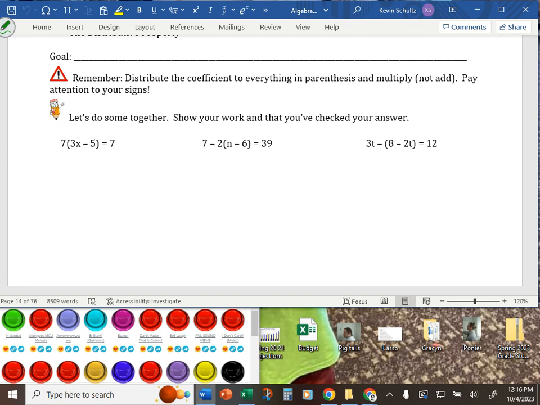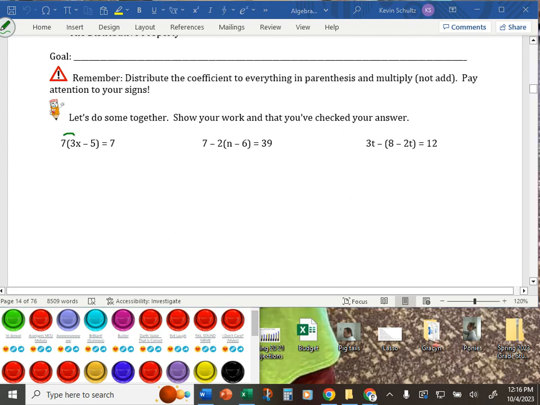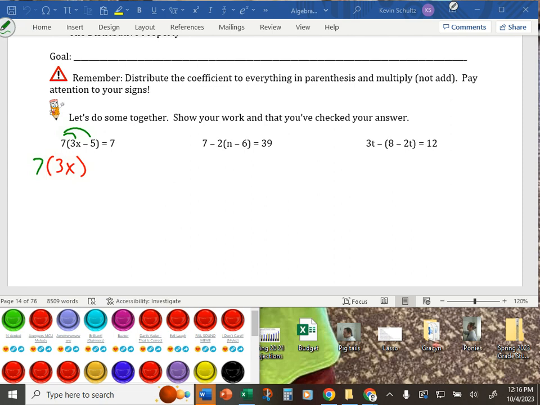So the way around that is saying, instead of multiplying the group 3x minus 5 times 7, we're going to multiply each term individually by 7, right? So this would become 7 times 3x plus 7 times negative 5.